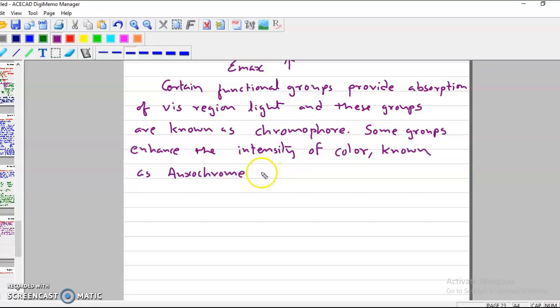Oxochromes alone cannot produce color in a given compound. This may be due to chromophore, but oxochrome may change the intensity of that color.